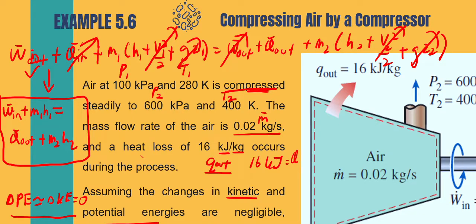This is the turbine, this is the compressor. So if the question asks you to draw or sketch a schematic diagram of the process, you know this is the compressor schematic, and this is the turbine schematic, right?